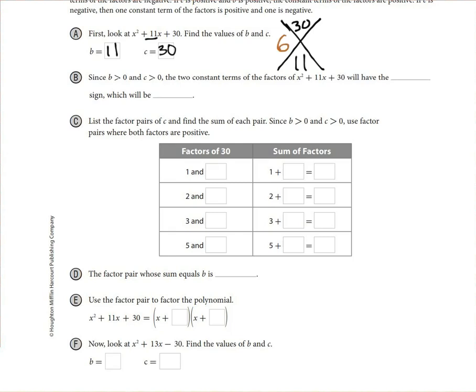Very good. 6 times 5 is 30, and 6 plus 5 is 11. So this trinomial will factor into x plus 6 times x plus 5. You can see that the 6 and the 5 are what we put after each of the x, positive 6 and positive 5.